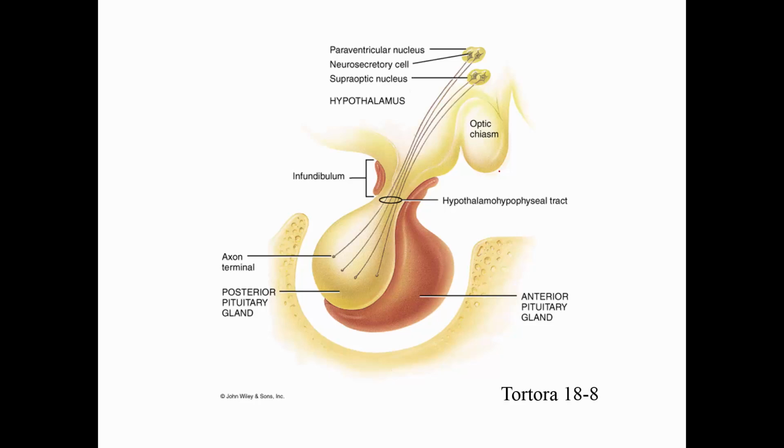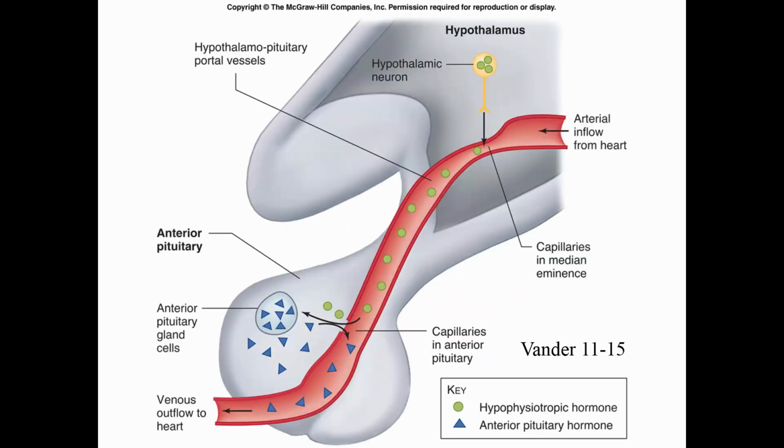So here's another picture from Tortora showing you these long axons projecting all the way down to the posterior pituitary through that stalk. And then we have a picture from Vander showing us a hypothalamic neuron. This is the releasing hormone going through that portal system directly to the anterior pituitary, and then this is the stimulating hormone going into the venous blood.